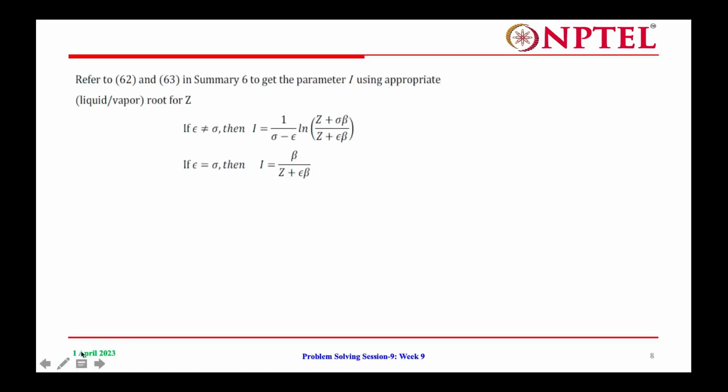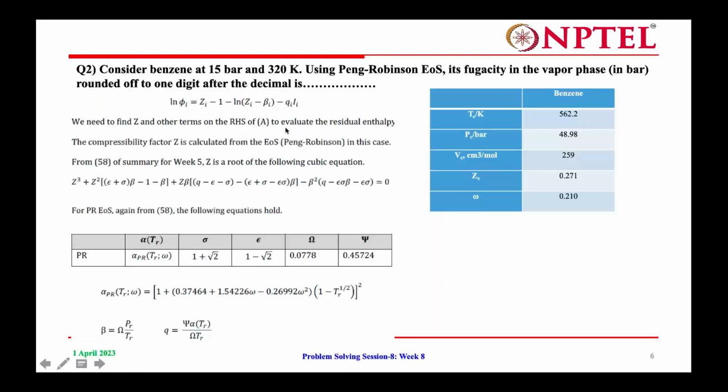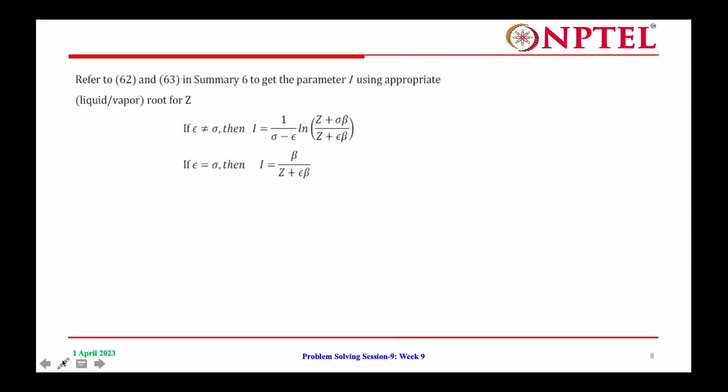Now we have to calculate I. So we have Z, beta, and Q. Now we have to calculate I. Here epsilon is not equal to sigma, so I is equal to 1 by (sigma minus epsilon) into this term.